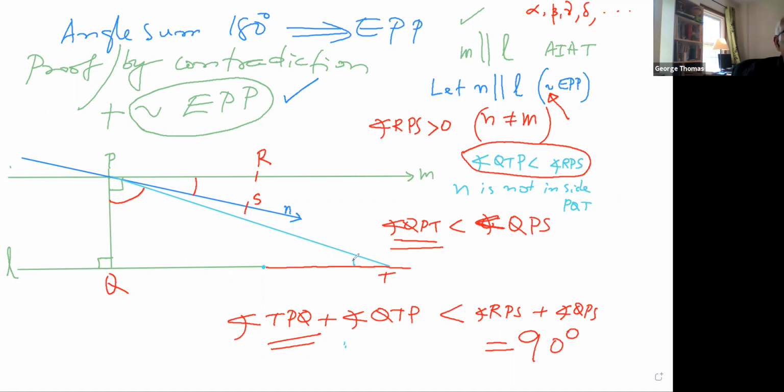So if this angle plus that angle is less than 90 degrees, and this angle is 90, what will be the sum of the angles in that triangle?